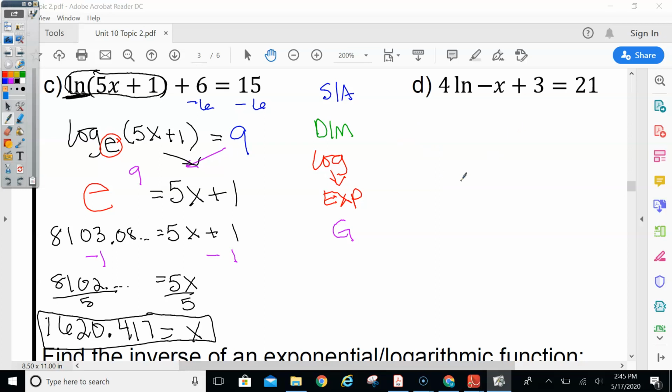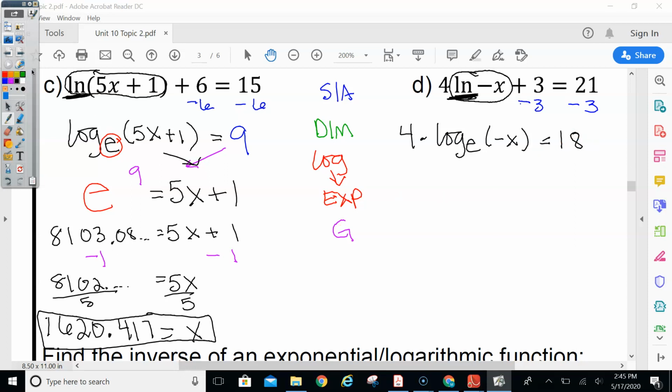Okay, so for the last logarithmic equation, we're trying to get this part by itself. The 3 is not part of the argument, so I want to divide that away. Or sorry, subtract it away. So subtract the 3 from the 21. And we're going to get 4 times ln, which is log base e, of negative x equals 18.